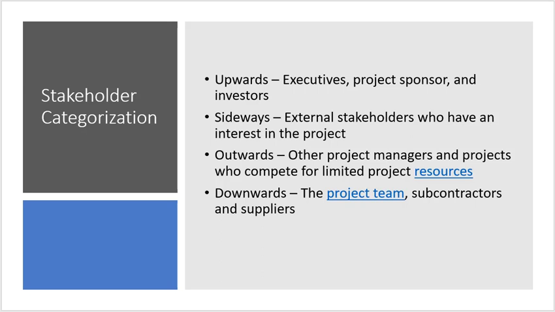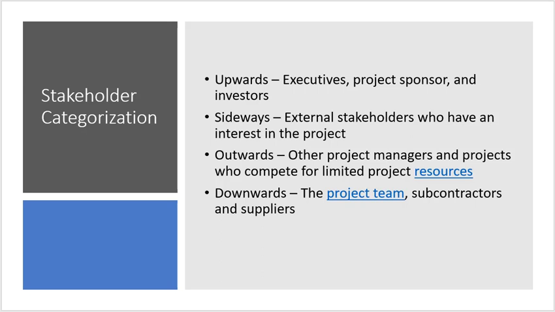Next, stakeholder categorization. There are different ways we do stakeholder categorization, and according to common methods mentioned by the PRINCE2 project management methodology, stakeholders can be upwards, sideways, outwards, and downwards. It's a very simple thing.